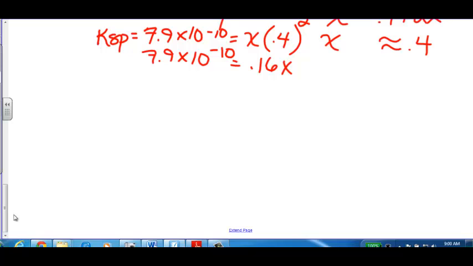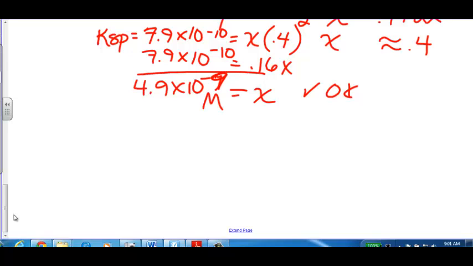And if you solve for your x, you should get 4.9 times 10 to the negative 9. And the check's okay. That looks like a 7, but it's really a 9.